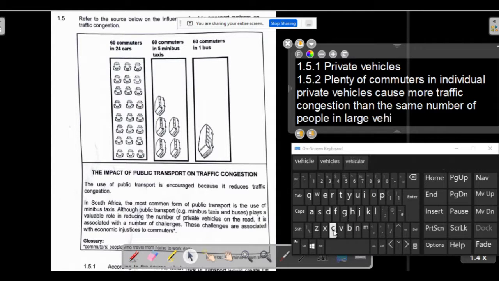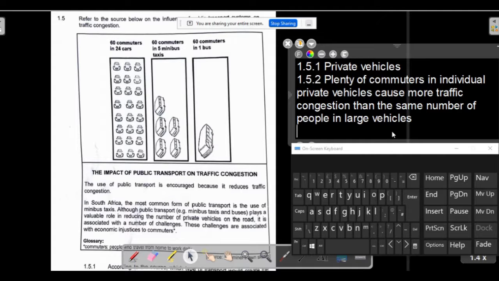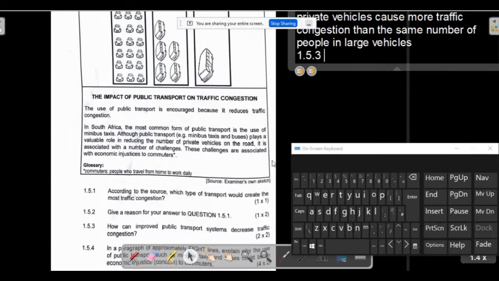Of course there are many cars, guys. Of course, it's about the number of vehicles. The fact that you can put plenty of commuters in one large vehicle, you've prevented possible traffic congestion. So simple as that.